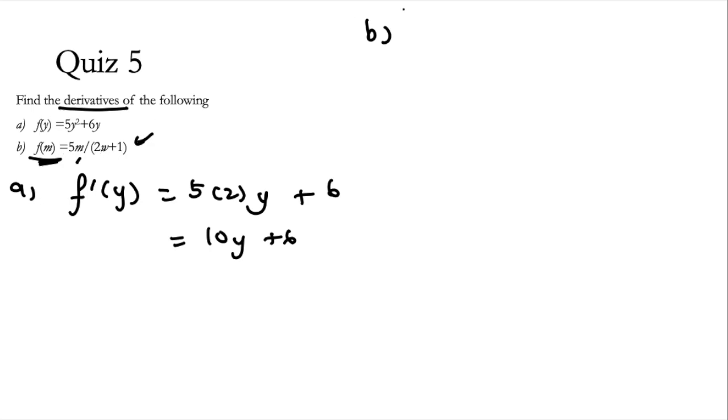Do you get me? So here, if I want to find the derivative of this, which is f prime m, because I consider 5 as a constant, 5 stays because 5 is multiplied by m. I also consider the denominator 2w plus 1 as a constant, so I rewrite it again because the whole constant is multiplied by m.